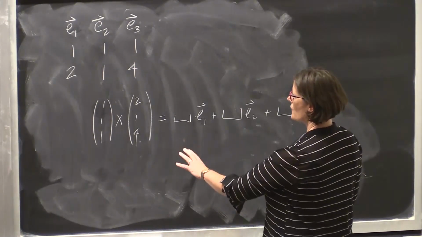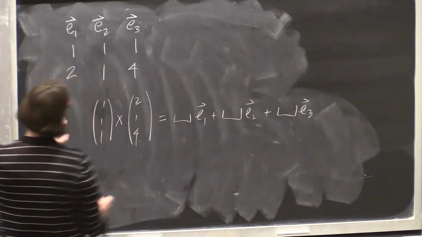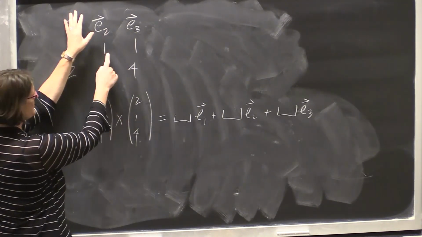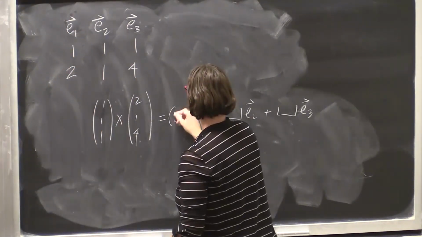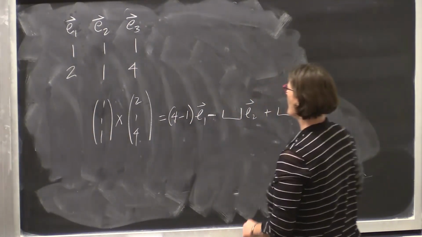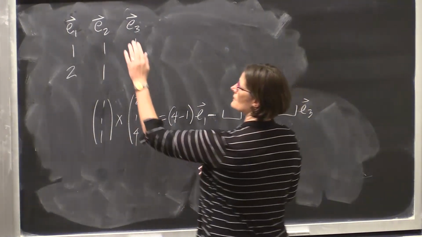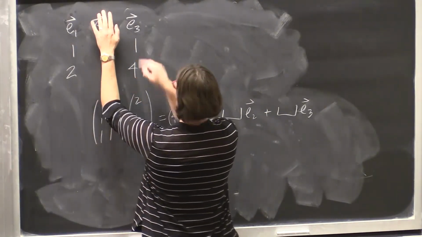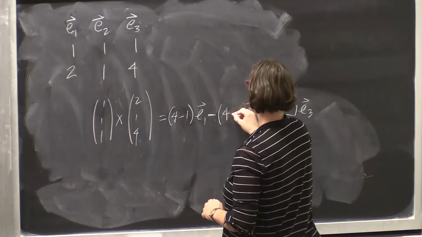And what we do here is we now compute the difference. We compute two cross products in here. So to get the thing that multiplies E1, you block out this column and you go 4 times 1, 1 times 4 minus 1 times 1. So this is 4 minus 1. We have a minus sign here. We then multiply E2. We block out this column and we go 1 times 4 minus 2 times 1. It's 4 minus 2.